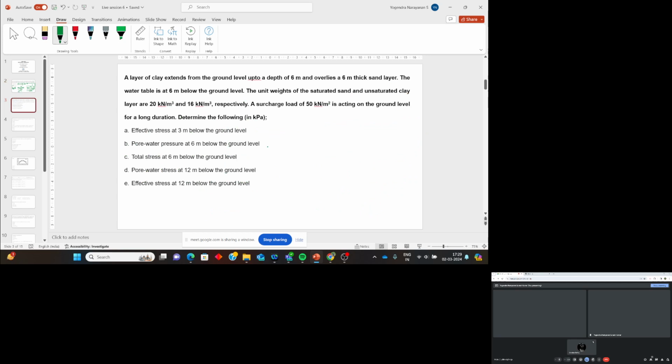A layer of clay extends from the ground level up to a depth of 6 meters and overlies a 6-meter thick sand layer. The water table is at 6 meters from the ground level. The unit weights are given, and a surcharge load of 50 kilonewton per meter square is acting on the ground level for a long duration.